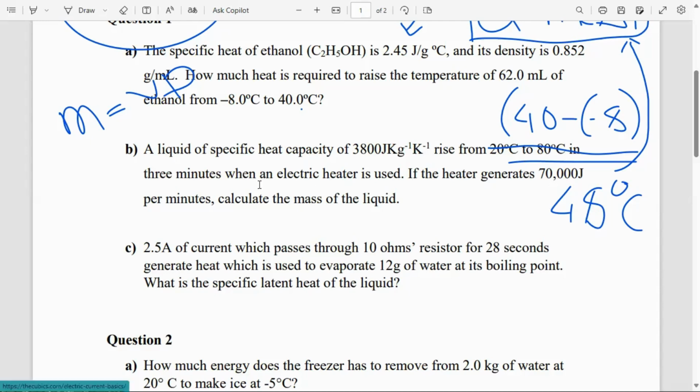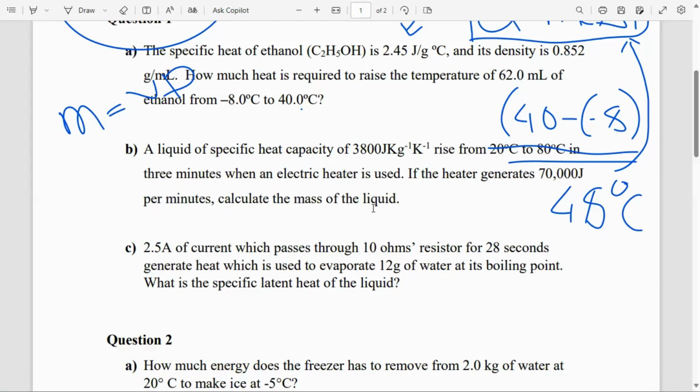This temperature rise takes place in 3 minutes when an electric kettle is used. If a heater generates 70,000 joules per minute, calculate the mass of your liquid.